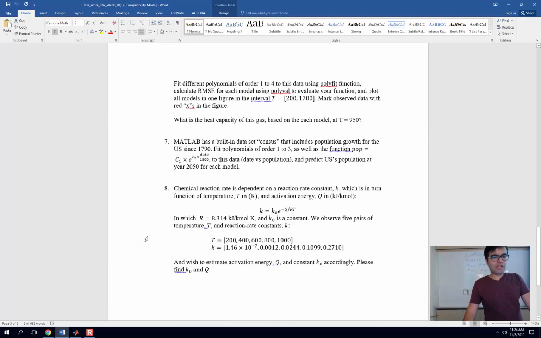Why don't you take a couple of minutes to solve this question 7? In this case, you cannot use polyval, polyfit. First things first, you've got to load this census data set.